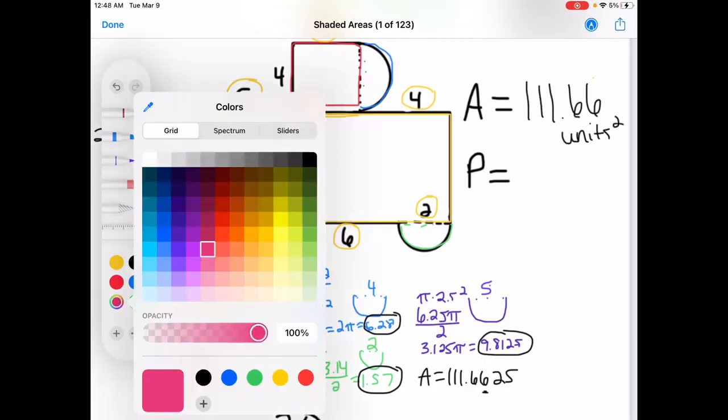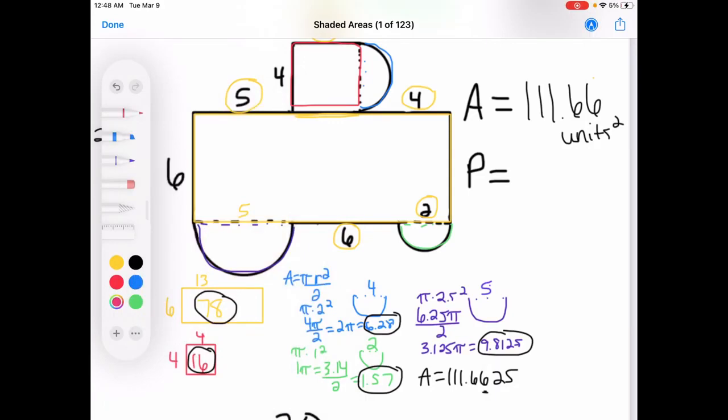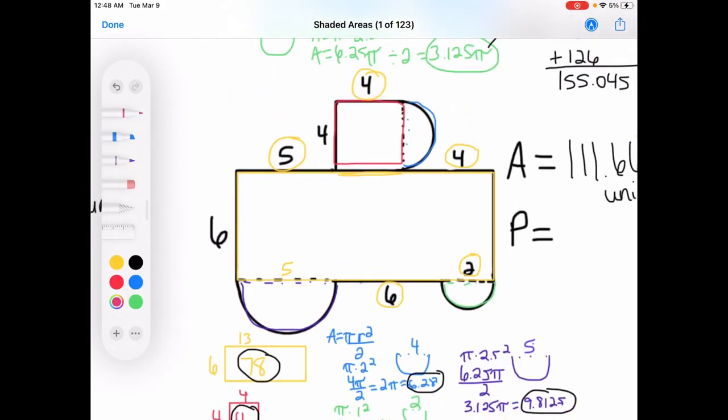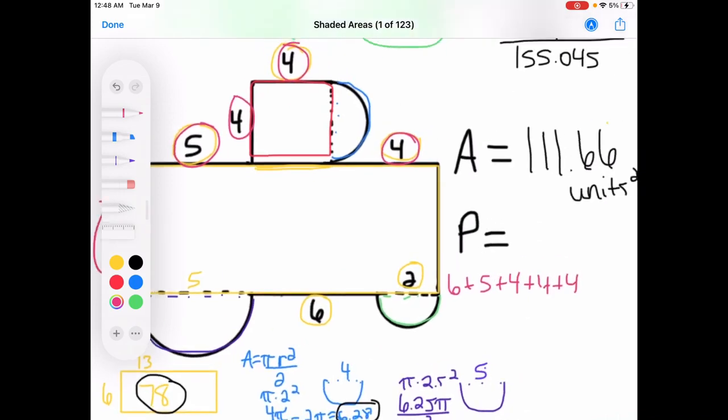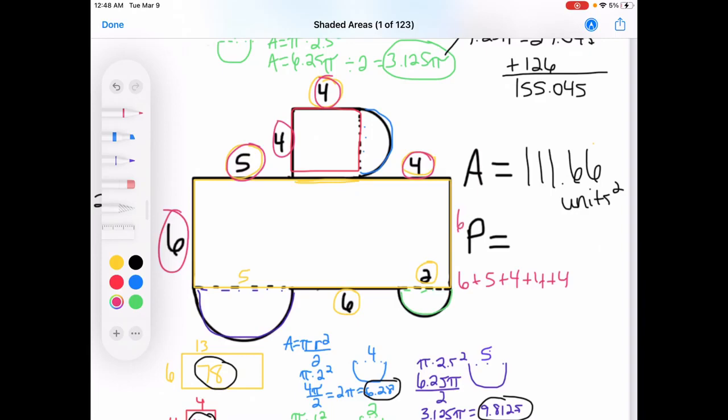Okay, so now we need to find the perimeter. So again, we need all the outside distances. We have 6 plus 5 plus 4 plus 4 plus 4 again. We know since this is a rectangle that this side is also 6.